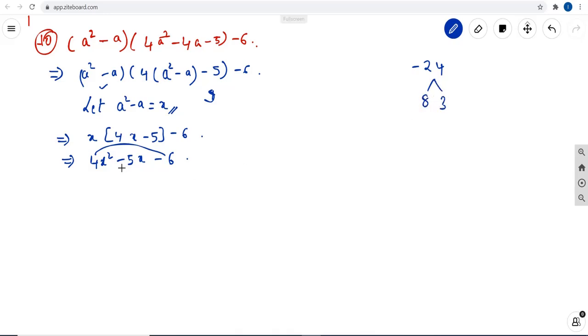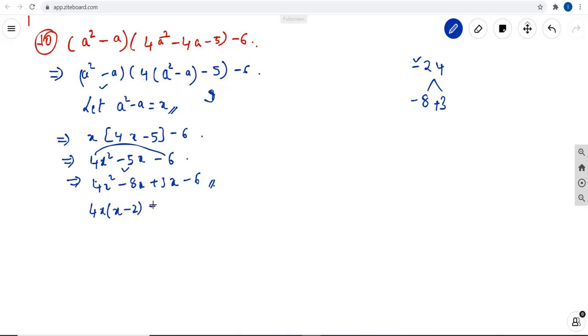Okay, so middle term is what? Minus here, so that's why bigger term I will take it as minus, but we have a minus here, so when I multiply, I have to get a minus, that's why I'm going to take this one as plus. Okay, so this becomes 4x square minus 8x plus 3x minus 6. Okay, 4x I can take common, so this becomes x minus 2.